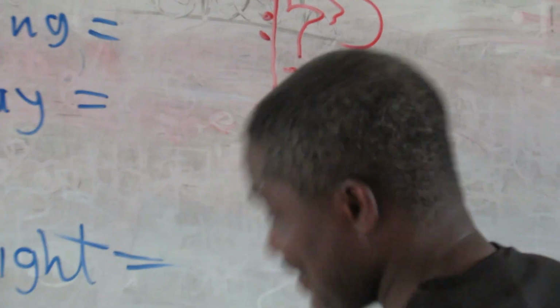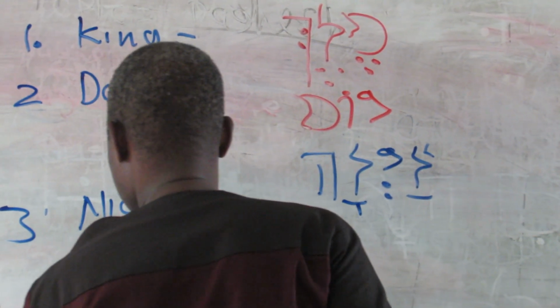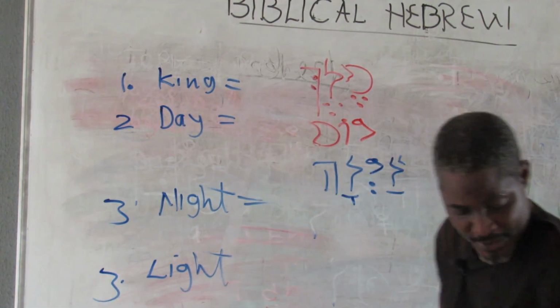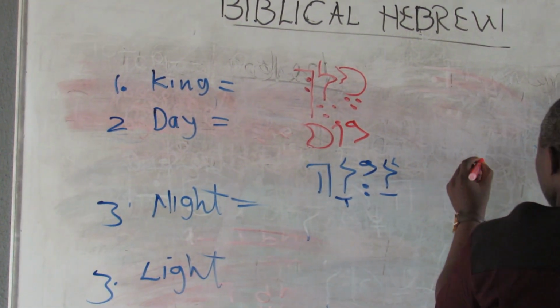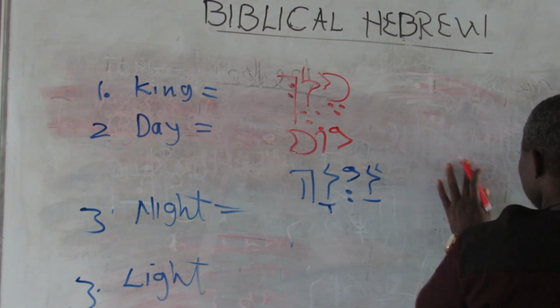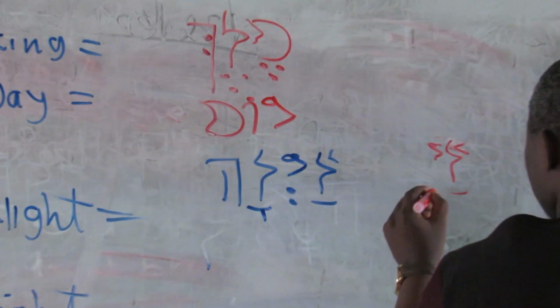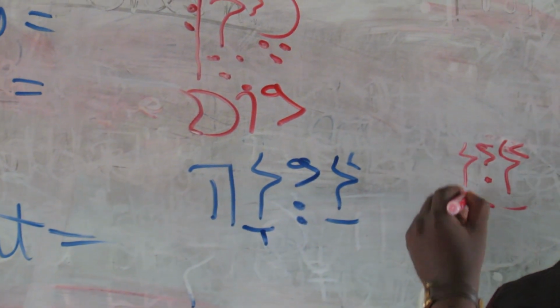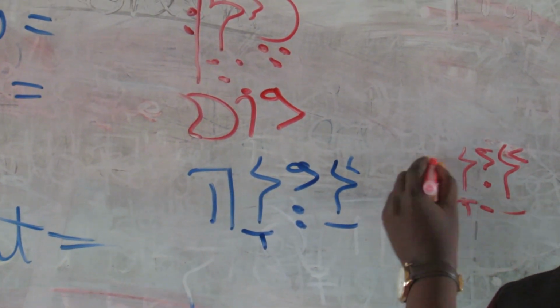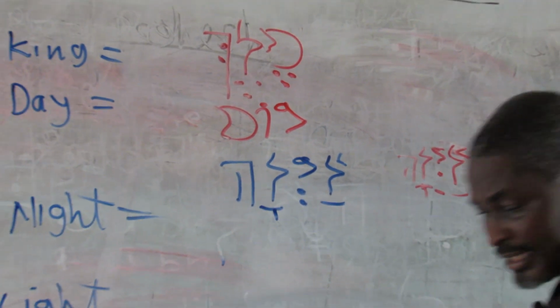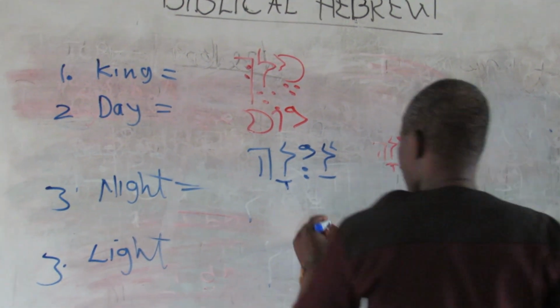Then the next one is light. Maybe I should write this in red pen also, so that it will not be confused. But the red pen is fading. Light means or.